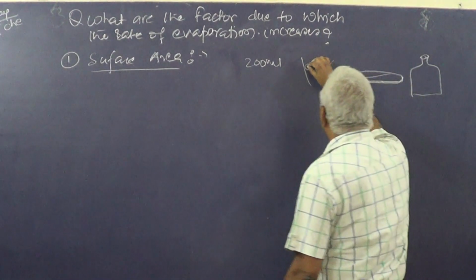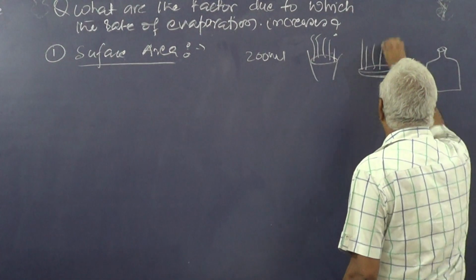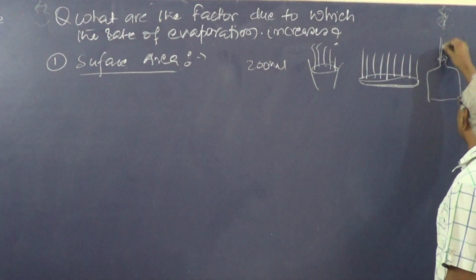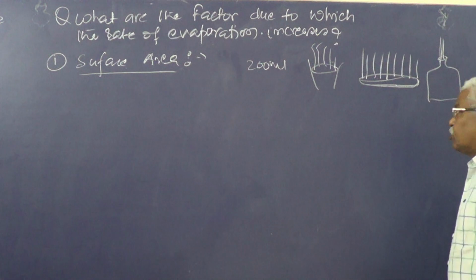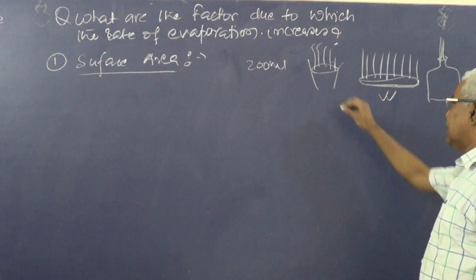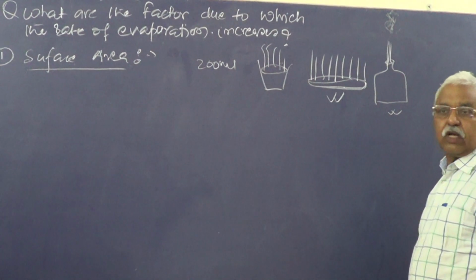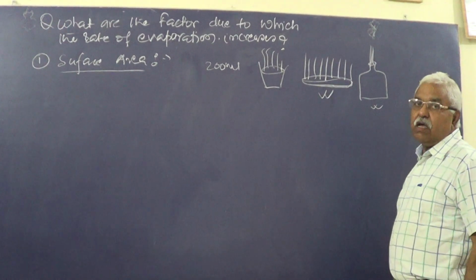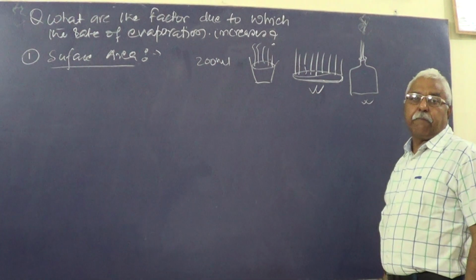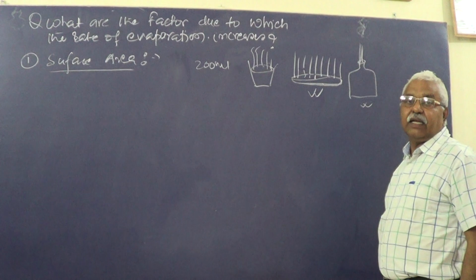From a larger area you can imagine more molecules will escape. So definitely the rate of evaporation will be more in the plate than in the glass and then in the bottle. With more surface area, more molecules of water will escape into the air, and that results in an increase in the rate of evaporation.